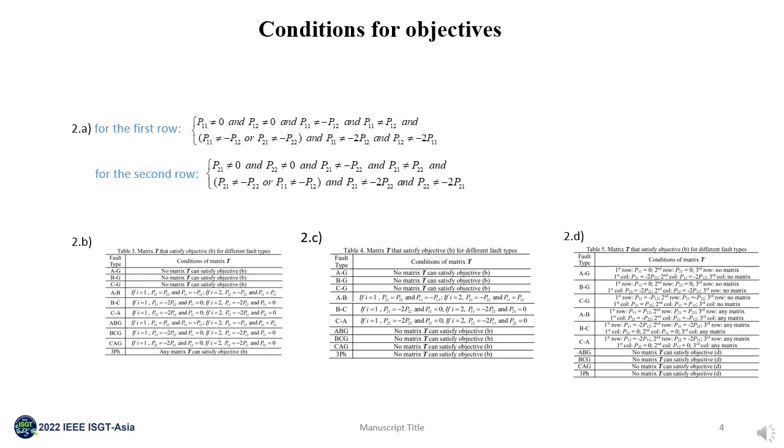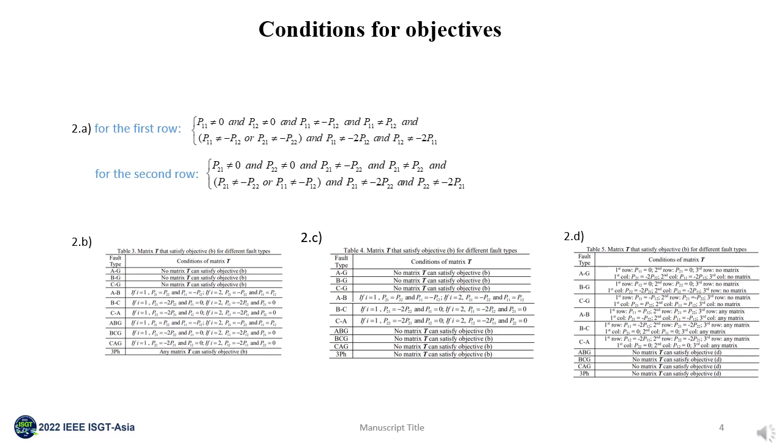Take objective A as an example. The definition is that the component of one specific mode always exists for all types of faults. It numerically means that at least one of the three elements of a fixed row is non-zero, so the final conditions are a series of equations.